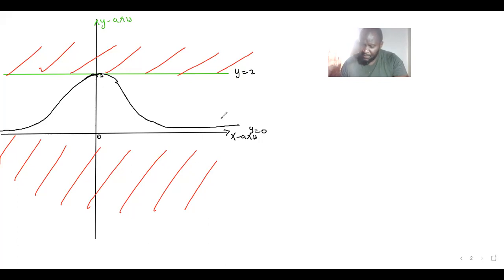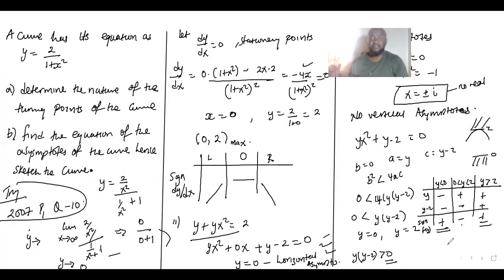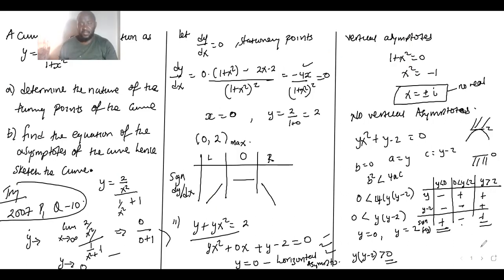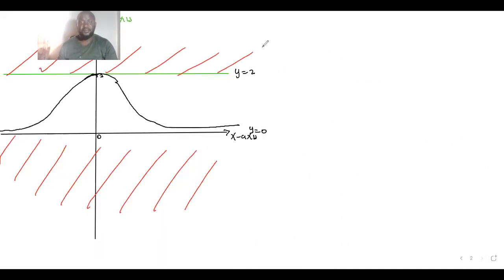The oblique curves, remember I told you, are those curves with improper fractions. Unless someone has a special question, either on this one or whatever they have discussed before, and someone is not comfortable somewhere. Otherwise, if not, we can go for the oblique curves.